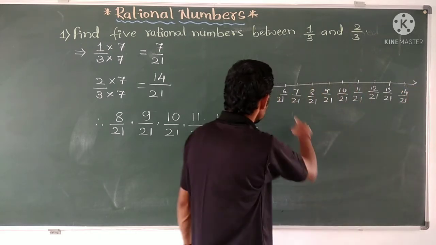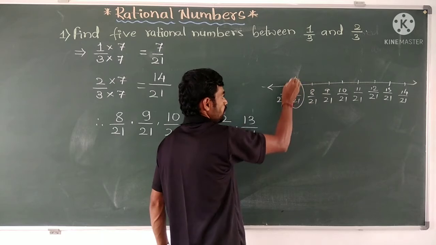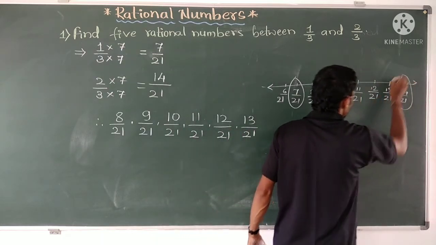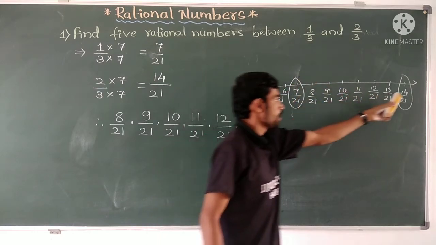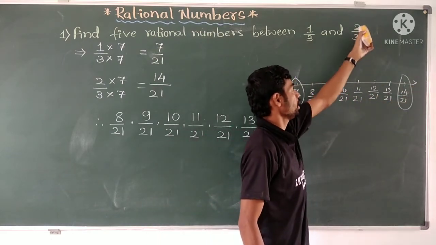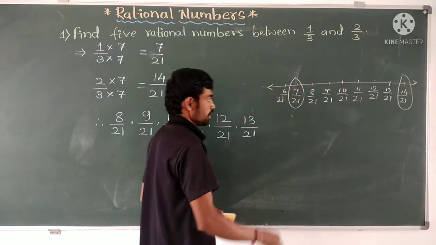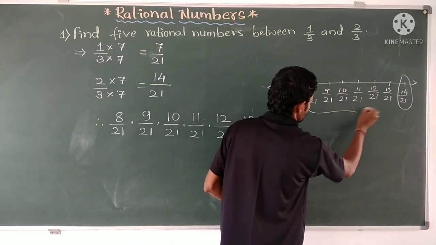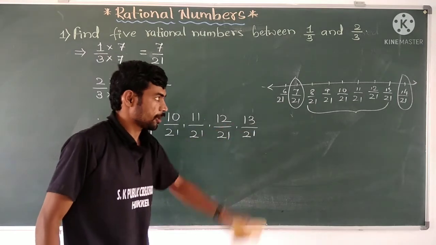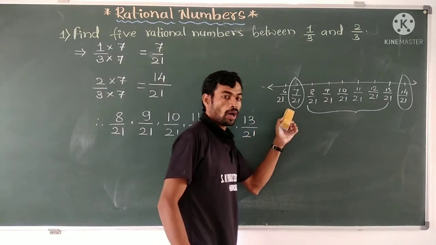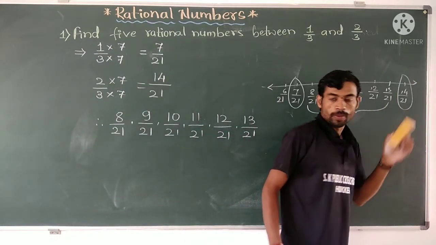How many rational numbers are there in between 7 by 21 and 14 by 21? 7 by 21 is nothing but 1 by 3. 14 by 21 is nothing but 2 by 3. So these all are the rational numbers we can find between 1 by 3 and 2 by 3.